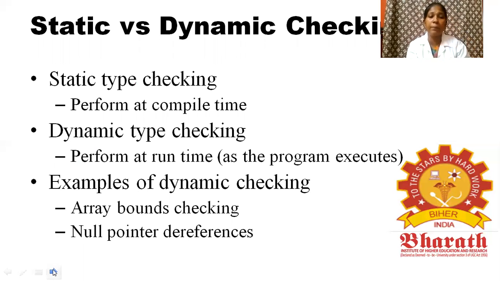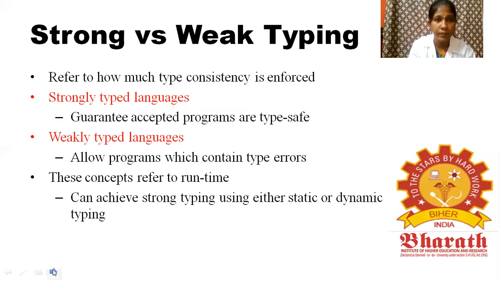Examples are array bound checking and null pointer differences. As I said, static checking happens at compile time and dynamic checking happens at runtime, that is, program execution time. Now, strong versus weak typing refers to how much type consistency is enforced.